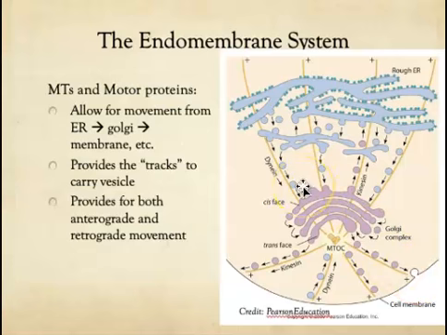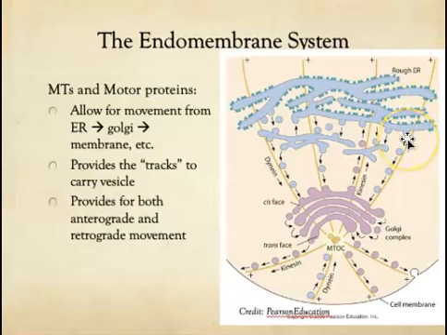In comparison, if the cell were trying to get a protein from the rough endoplasmic reticulum into the Golgi apparatus, and we've talked about why that would be necessary for protein processing, you would need a dynein to do that work, because the plus end of the microtubule is up here.